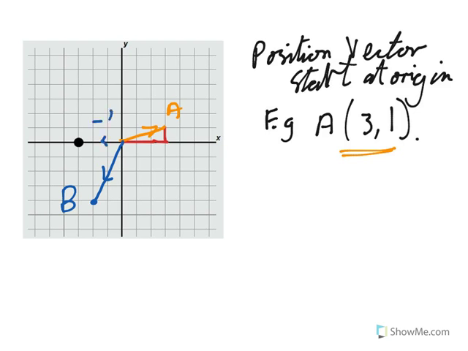It goes across -2. How much does it come down this way? It comes down -4. So its position vector is -2, -4. It's much more useful for us to use position vectors.